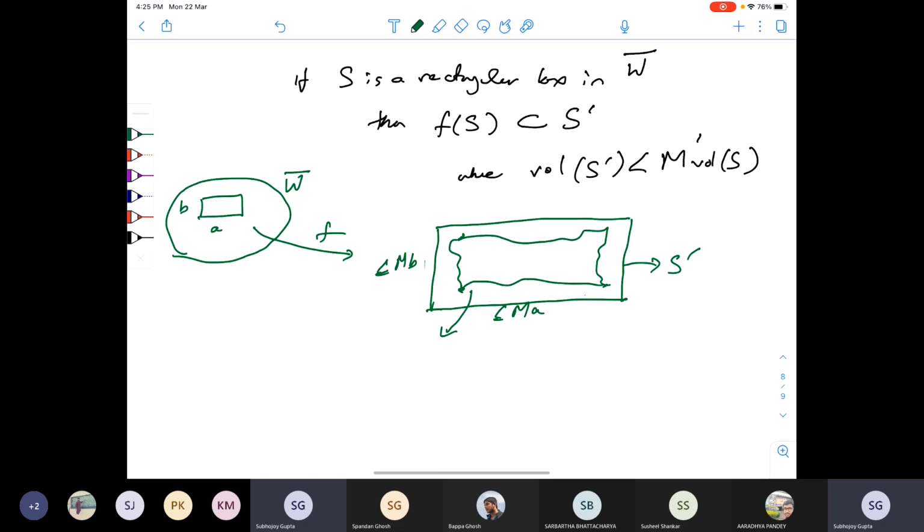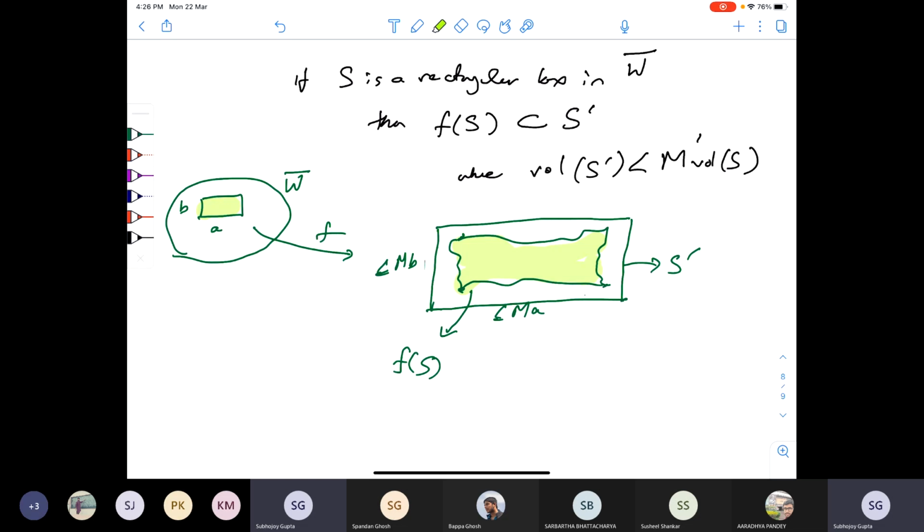So this region inside is f of S, and this box gets mapped to this shaded region. This is some Euclidean geometry: if these diameters satisfy some constraints, then you can always put it in a bigger thing which is not too much larger in volume, maybe twice the volume of this shaded region.